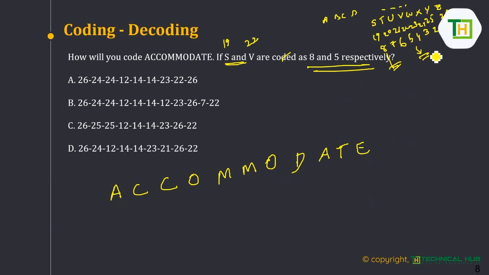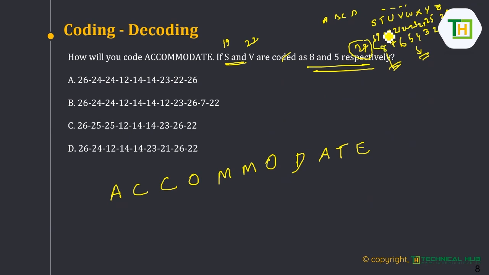One more logic here: adding the two pairs. S's actual position is 19, and in reverse order it is 8; both added give 27. This is the better logic.